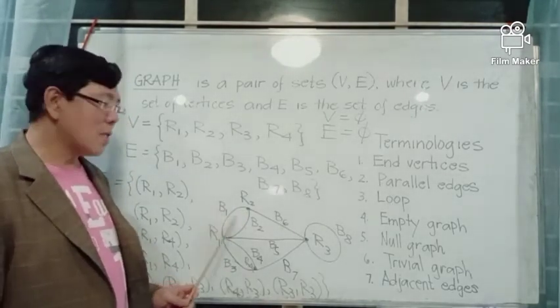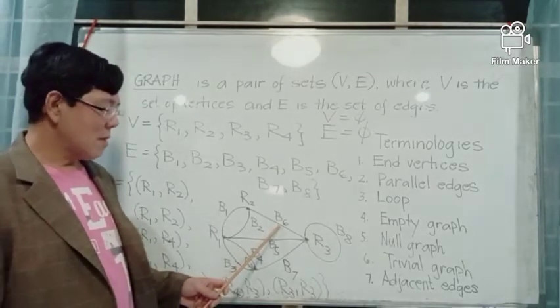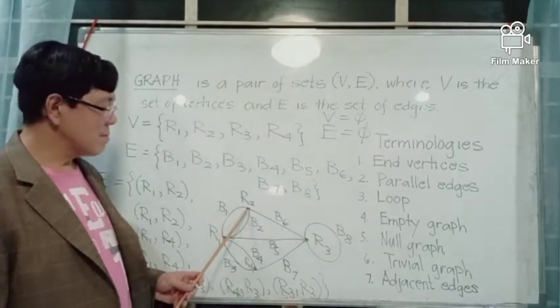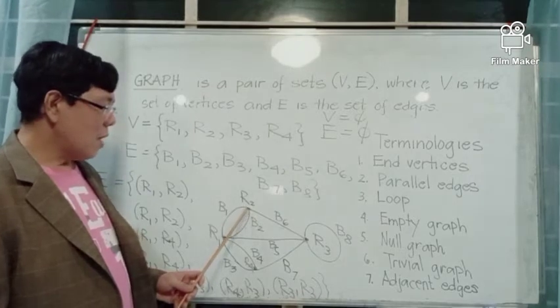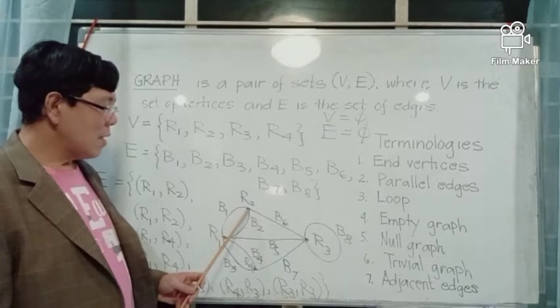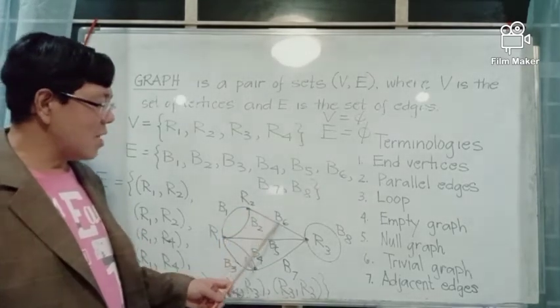The edges B1 and B6 are also adjacent edges because they share a common end vertex R2. R2 is an end vertex of this edge B1, and R2 is also an end vertex of this edge B6.